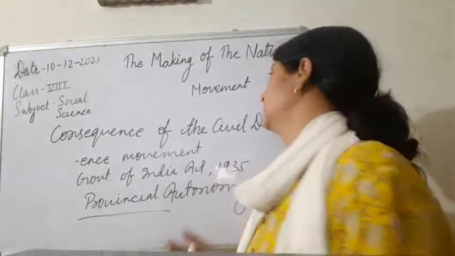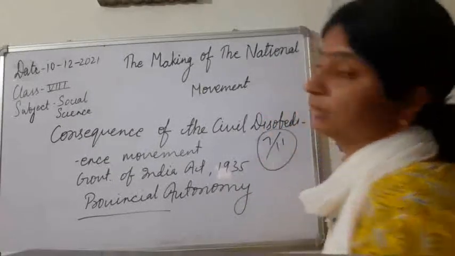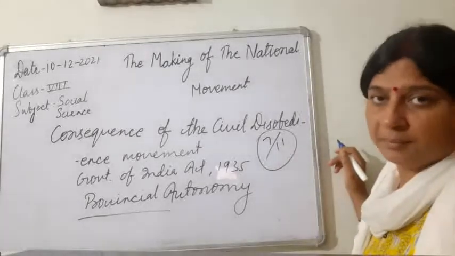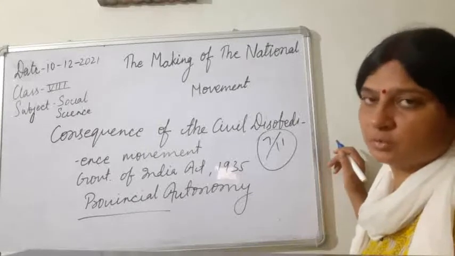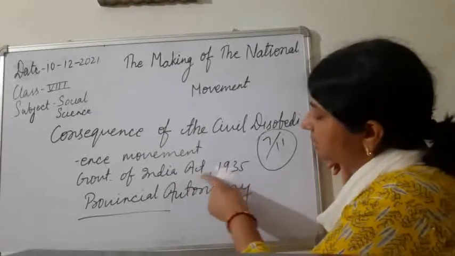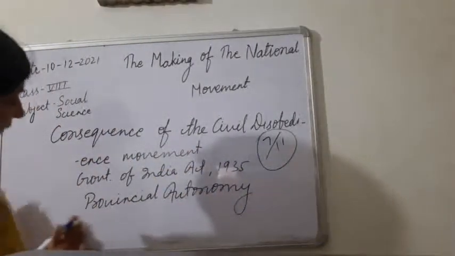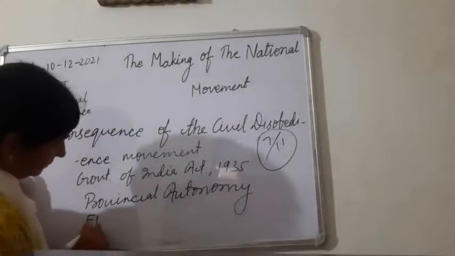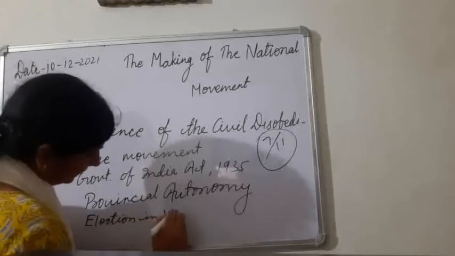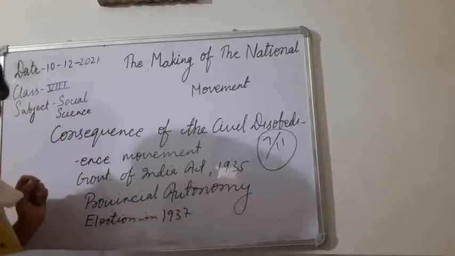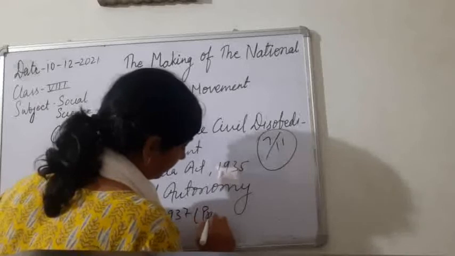11 provinces थे, जिसमें से 7 कांग्रेस ने गवर्नमेंट फॉर्म किया. कब? 1937 के इलेक्शंस पे. एंड 1937 का इलेक्शन क्यों हुआ? क्योंकि अकॉर्डिंग टू दिस गवर्नमेंट ऑफ इंडिया एक्ट ऑफ 1935. ओके, सो दिस इज वेरी इंपॉर्टेंट. इलेक्शन in 1937. इलेक्शन फॉर व्हाट? इलेक्शन फॉर प्रोविंशियल लेजिस्लेचर, है ना.